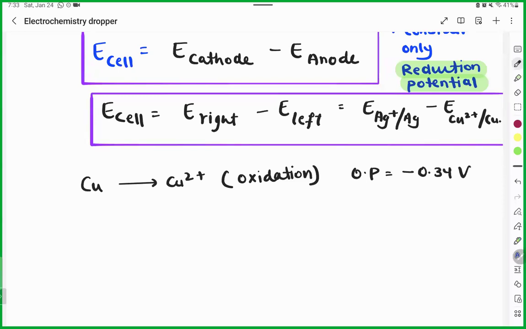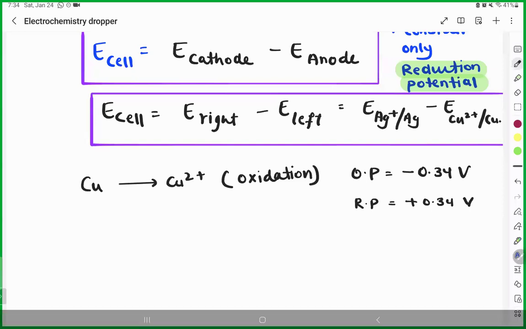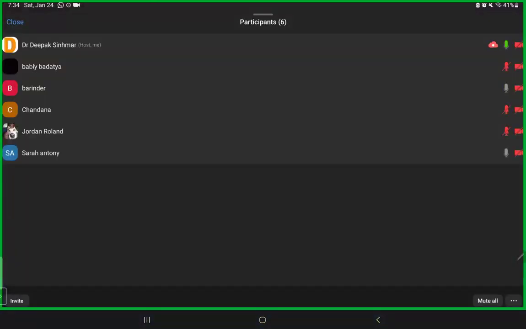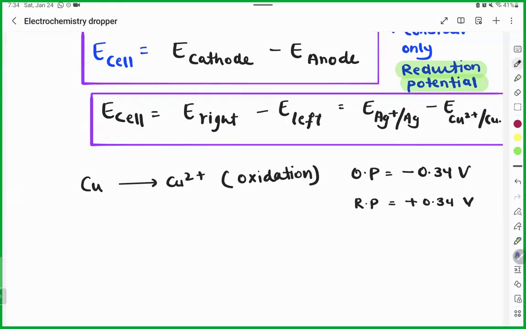So tell me, what will be the reduction potential of copper? Any doubt? Is anybody there? Okay, so everybody understood from this?